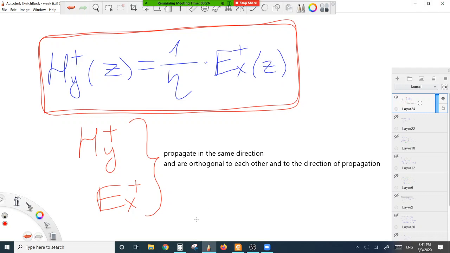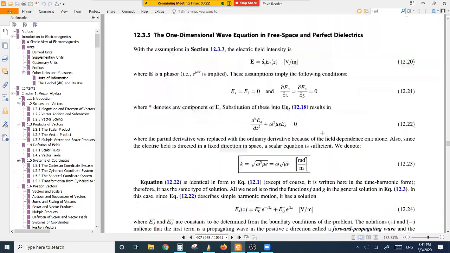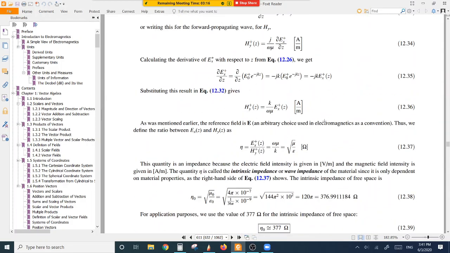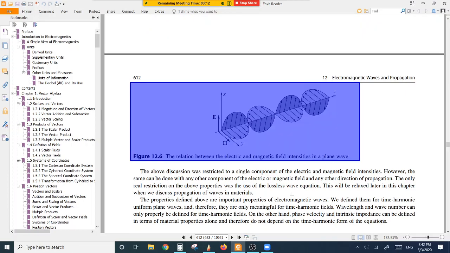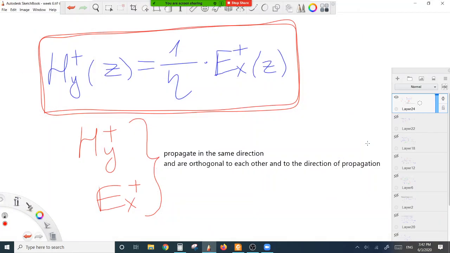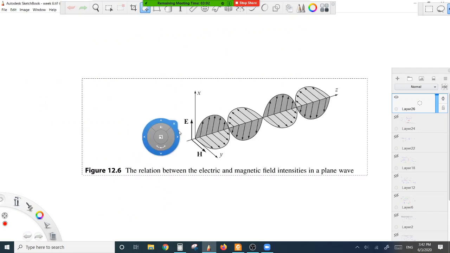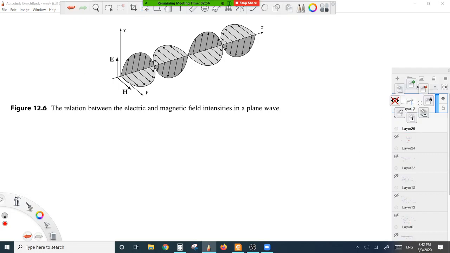Okay, and the relationship between E and H can be seen in this picture. Here you may see the relation between electric and magnetic field intensities in a plane wave.